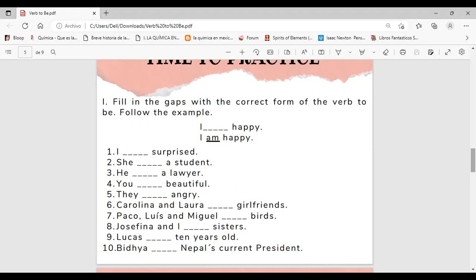Nepal is a country. Es un country. Un país. Es Nepal. So, please pause the video, complete the sentences, fill in the gaps en la parte correspondiente with the verb to be.